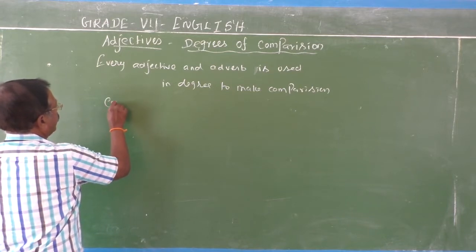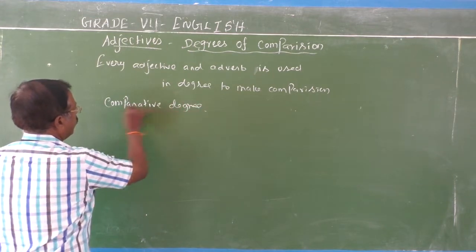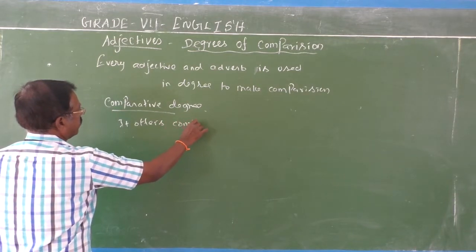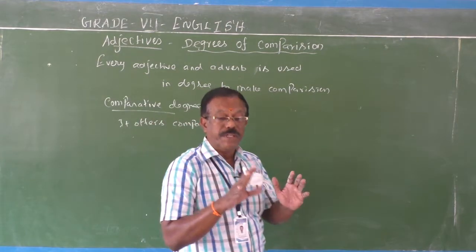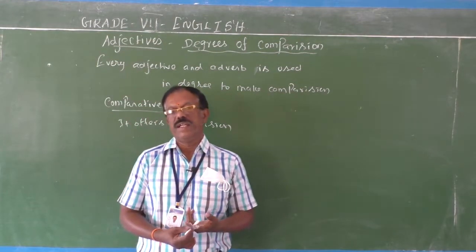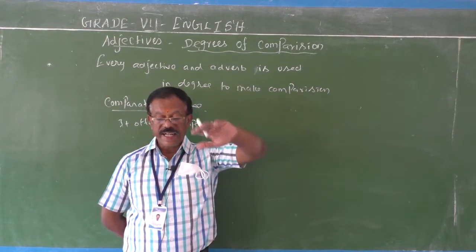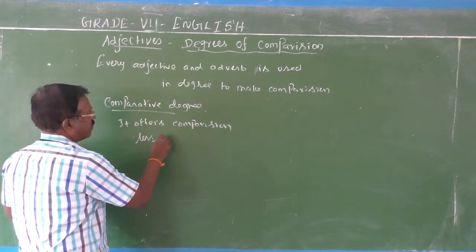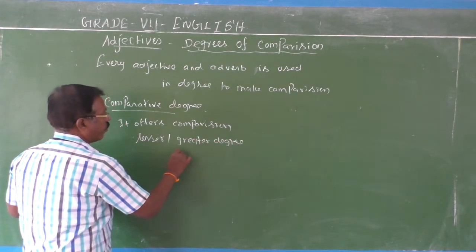Comparative degree offers comparison. Comparison is made between two things or two objects. It also shows which one has lesser or greater degree of quality.